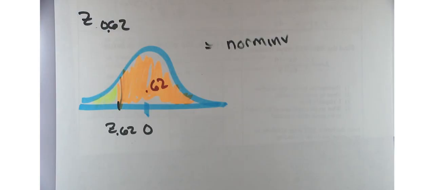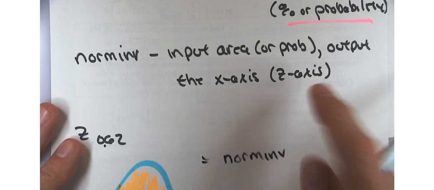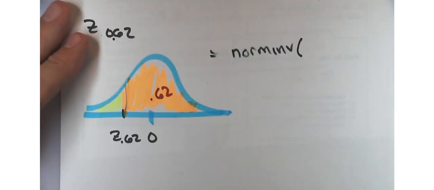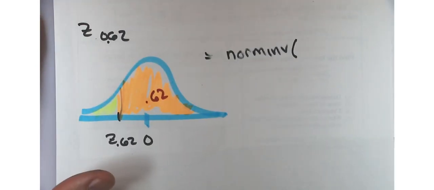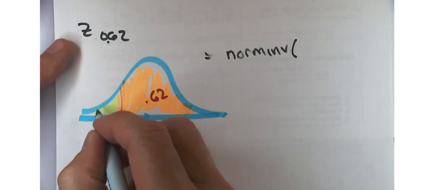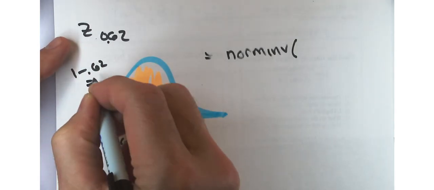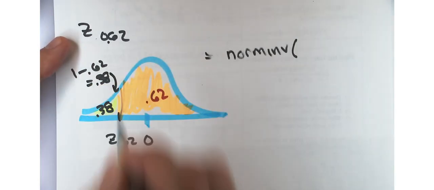Now I got to input an area and output that value, but what area should I input? Some help? 0.38. Yeah, that's going to be your 0.38. 1 minus 0.62 equals 0.38. That's going to be the area here.